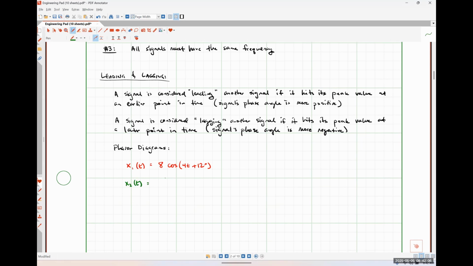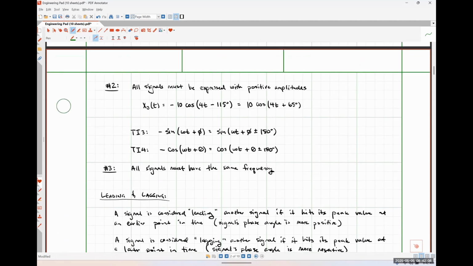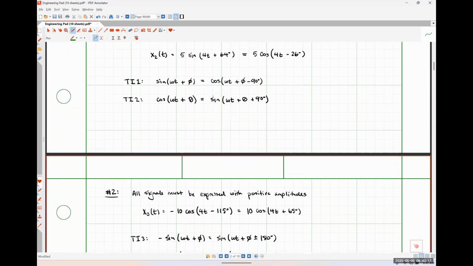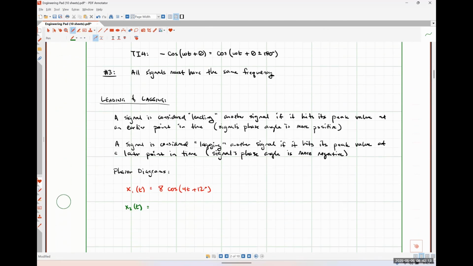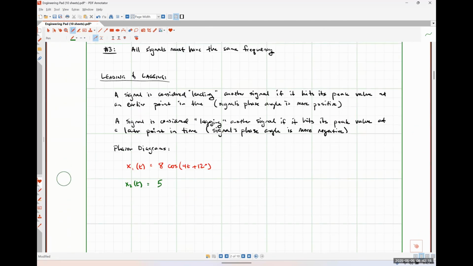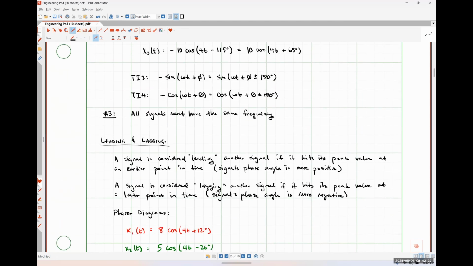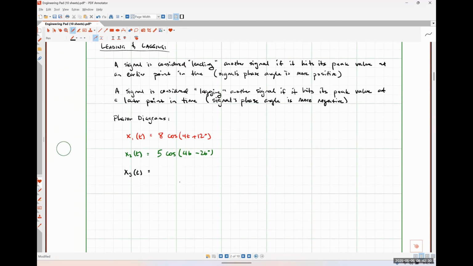X2 was 5 cosine 4t minus 26 degrees. And X3 was 10 cosine 4t plus 65 degrees. Like so.